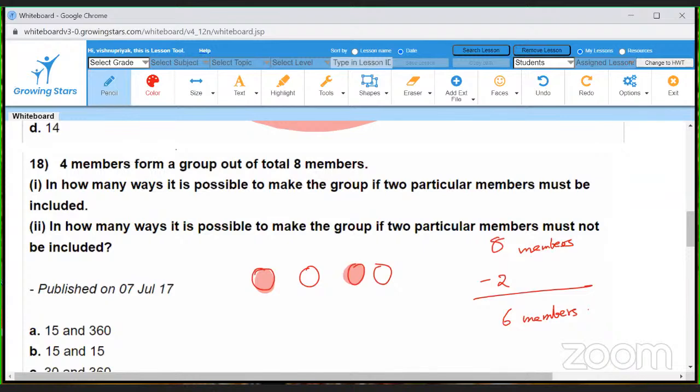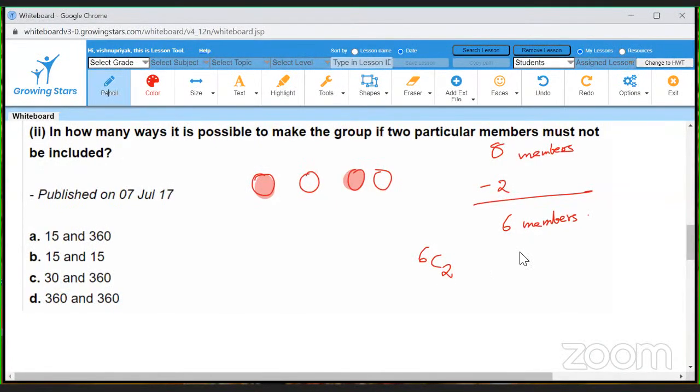And how many places are there? 2 places are there. So from 6 members, we have to select 2 people for these 2 places. That is 6 factorial over (6 minus 2) factorial, 4 factorial, and 2 factorial.